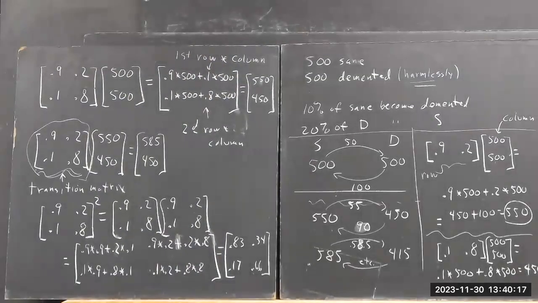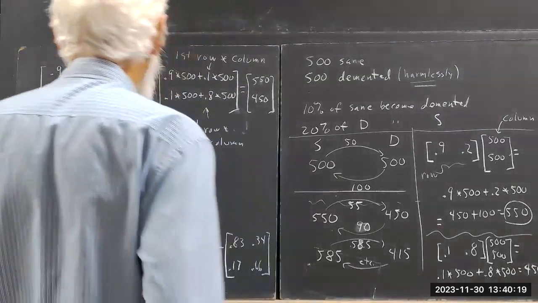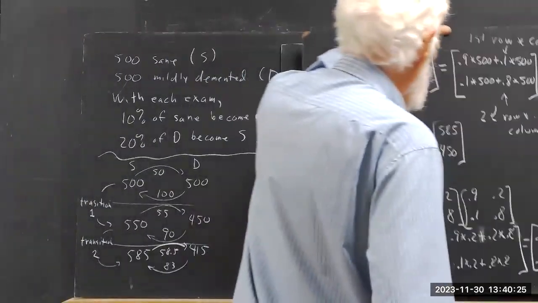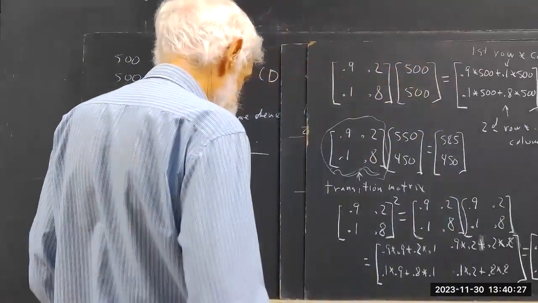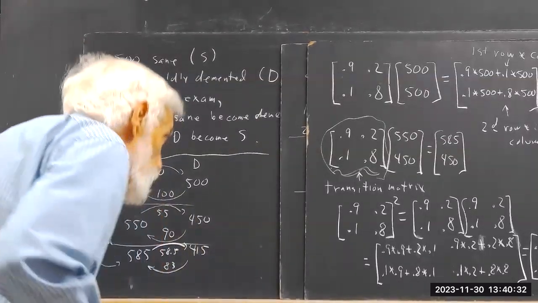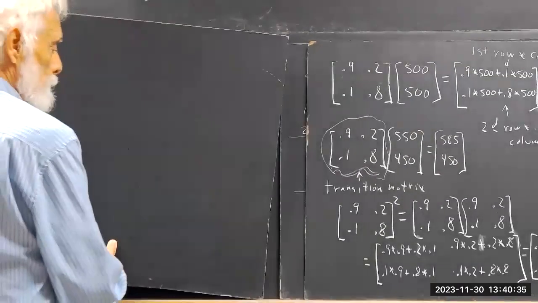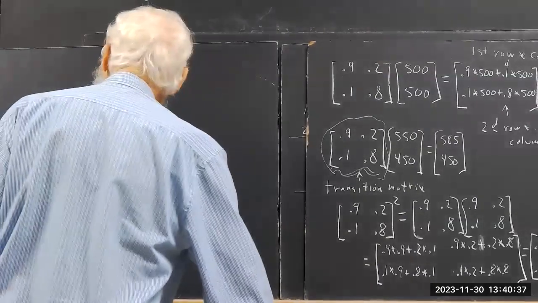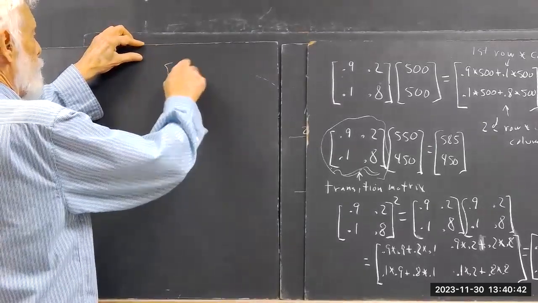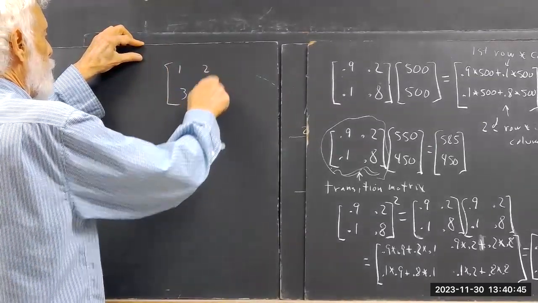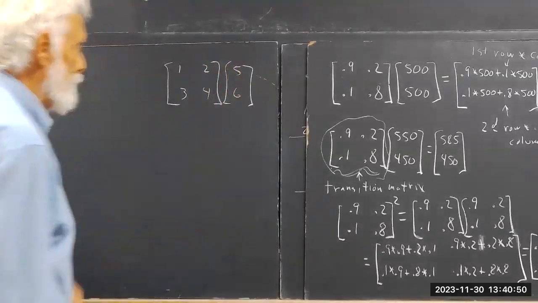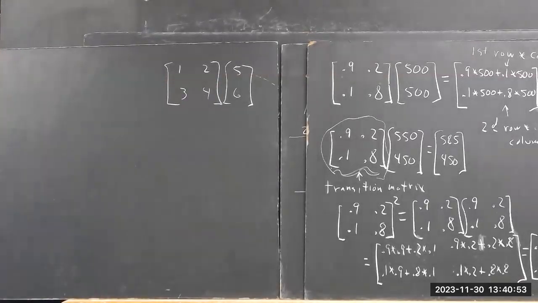Let's just do an example of a matrix multiplication. Right there's the rule. Multiply rows by columns and put them in the corresponding row and column. What do you get if you multiply those two matrices?